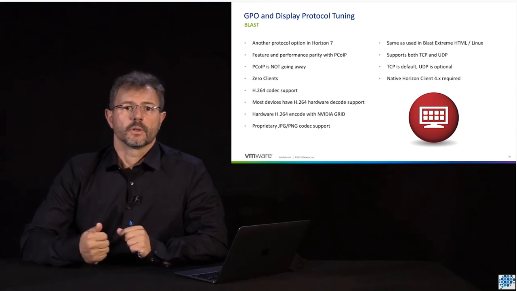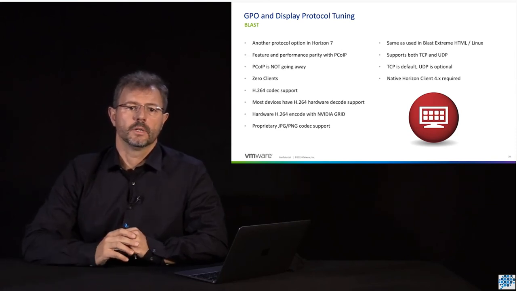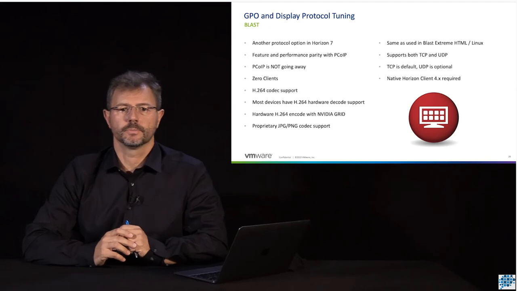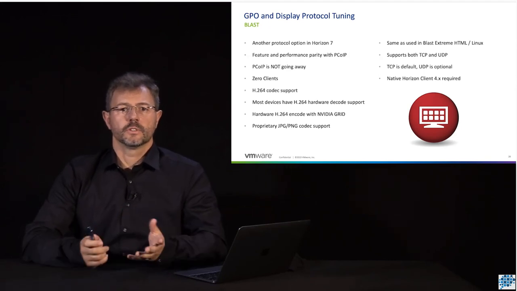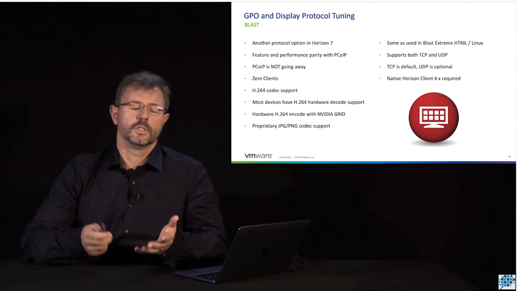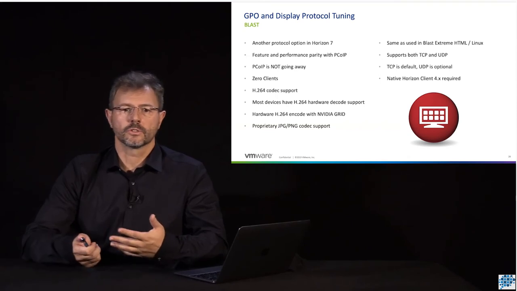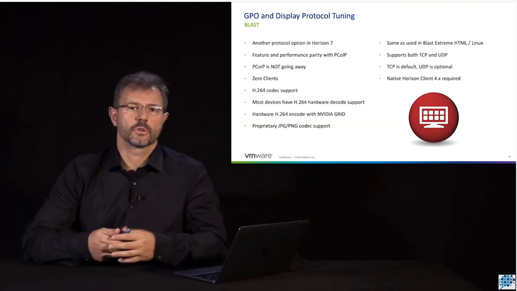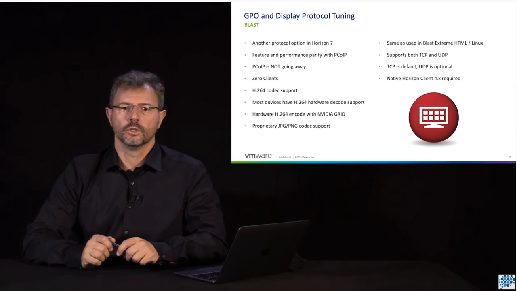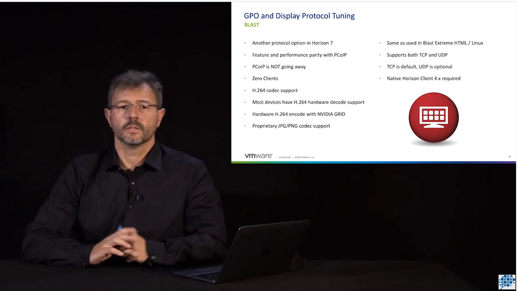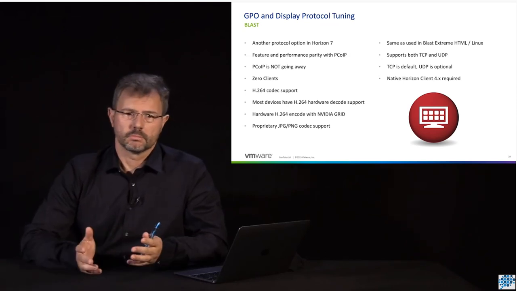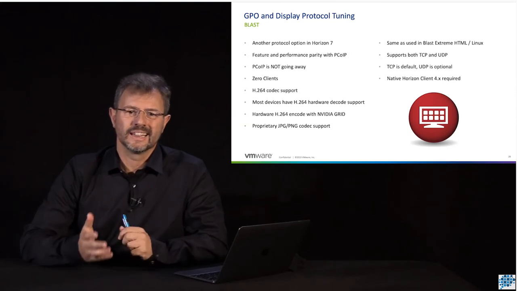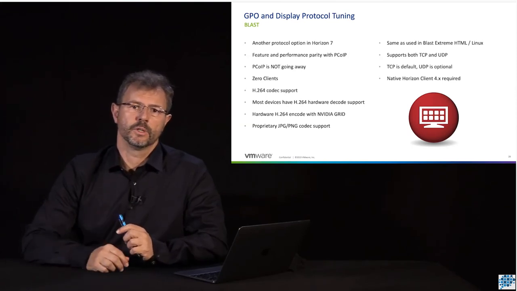Still, we can have a fallback to JPEG, PNG codec compression support. We also have support on Linux. We support TCP and UDP protocols. TCP is the default. In some circumstances, we switch back to UDP. The only thing we really need, and it's actually not a problem anymore, is at least Horizon Client 4.x.